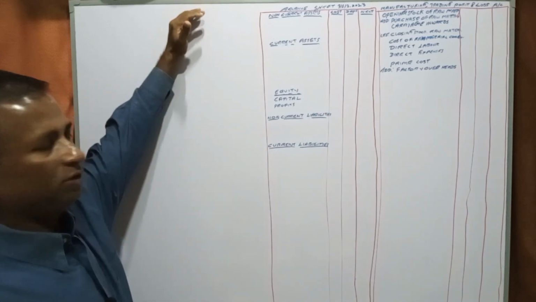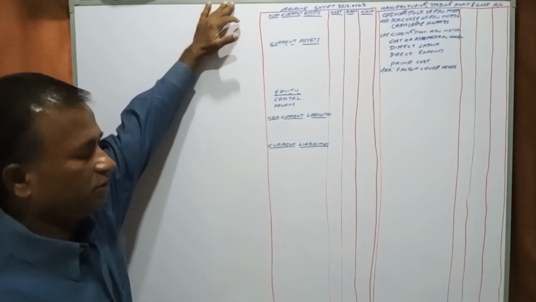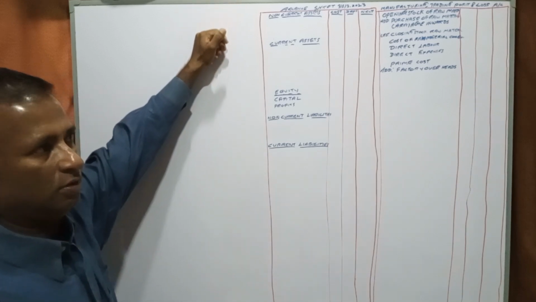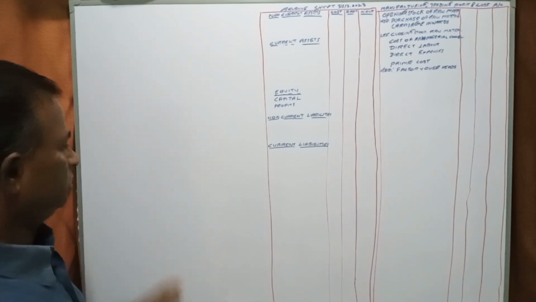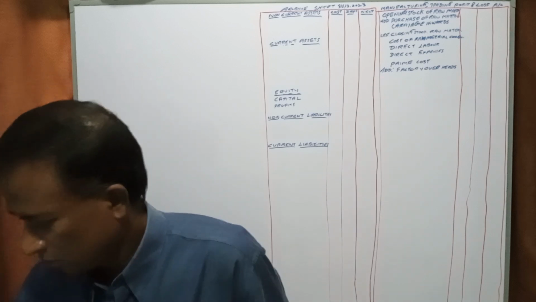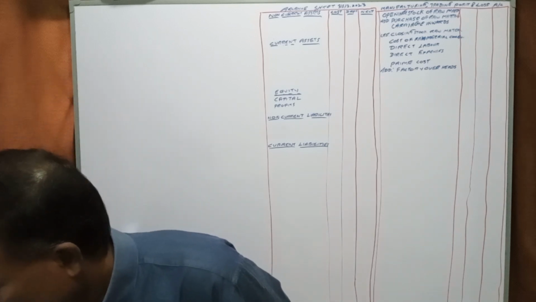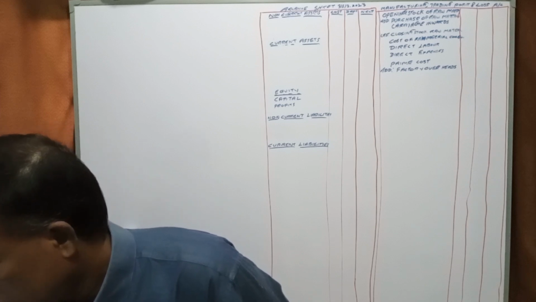Today we are going to discuss one exercise under the manufacturing account. The question says the financial year of Doship Manufacturing Company ends on 31st of January.